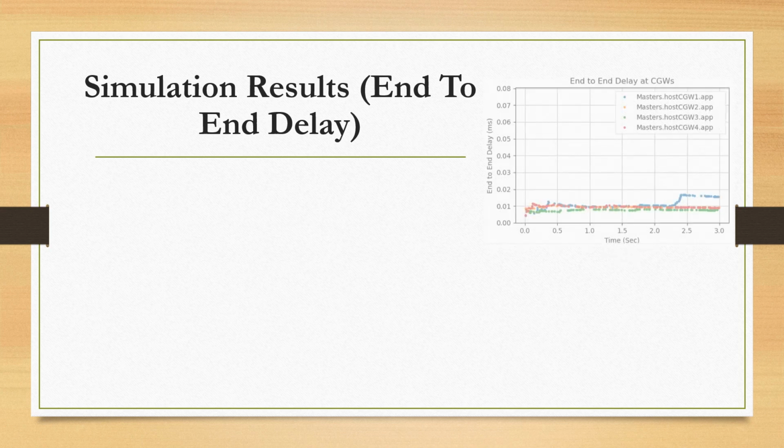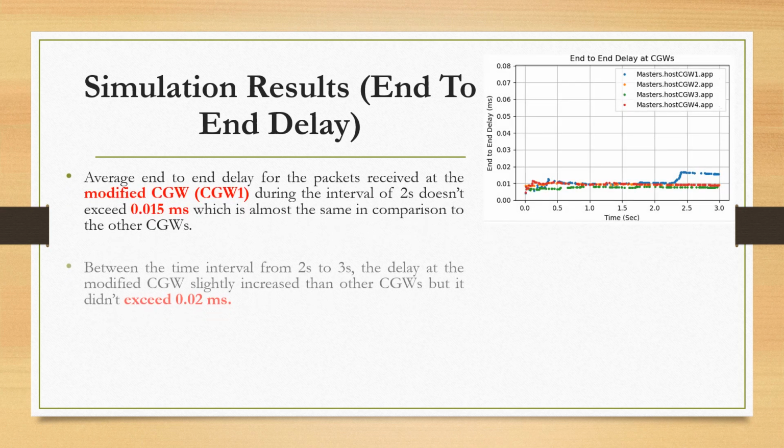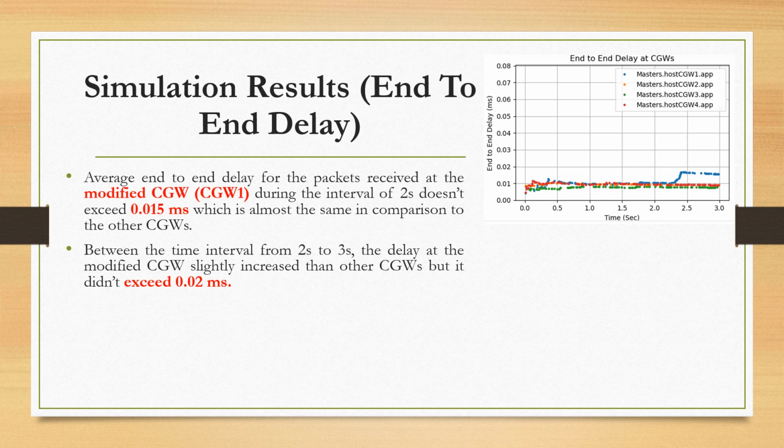Here we measure the end-to-end delay, which is computed from the moment the packet leaves the source until it arrives at the destination. So here, as we can see, the average end-to-end delay for the packets received at the modified gateway during the first 2 seconds, the blue points are for the modified capillary gateway, and it did not exceed 0.015 millisecond.